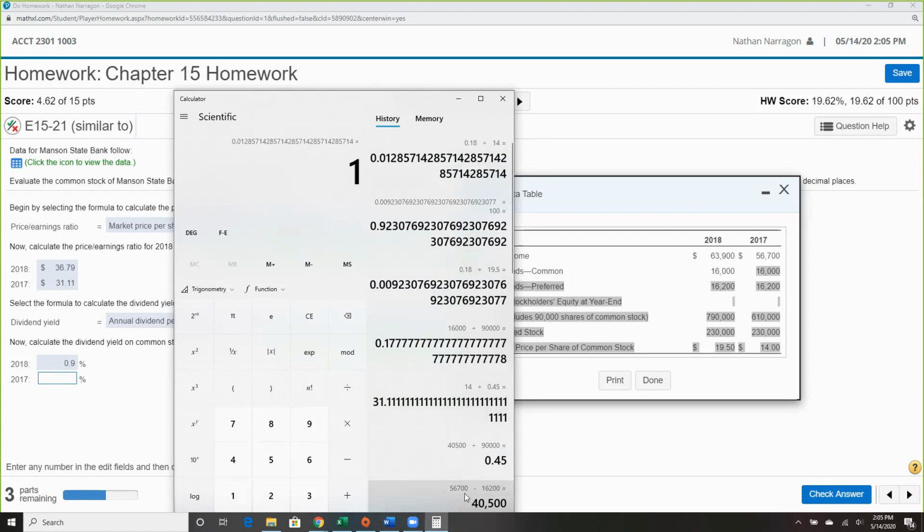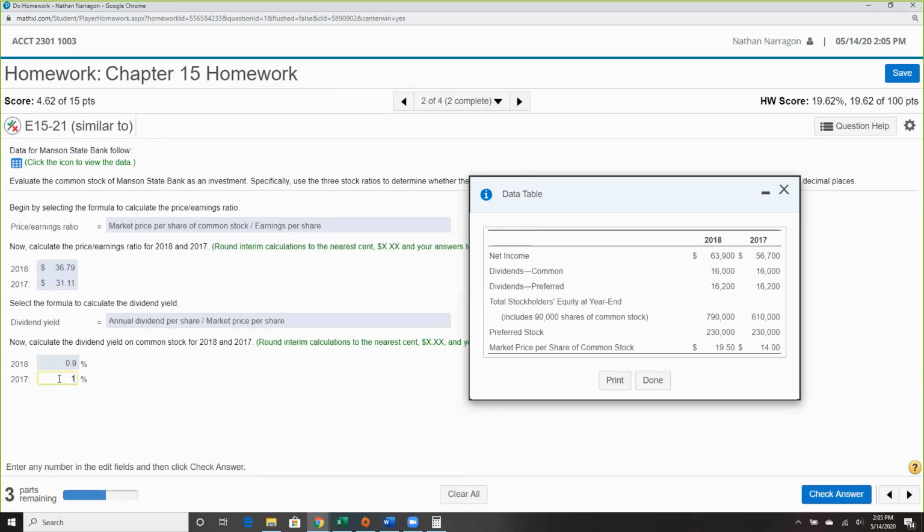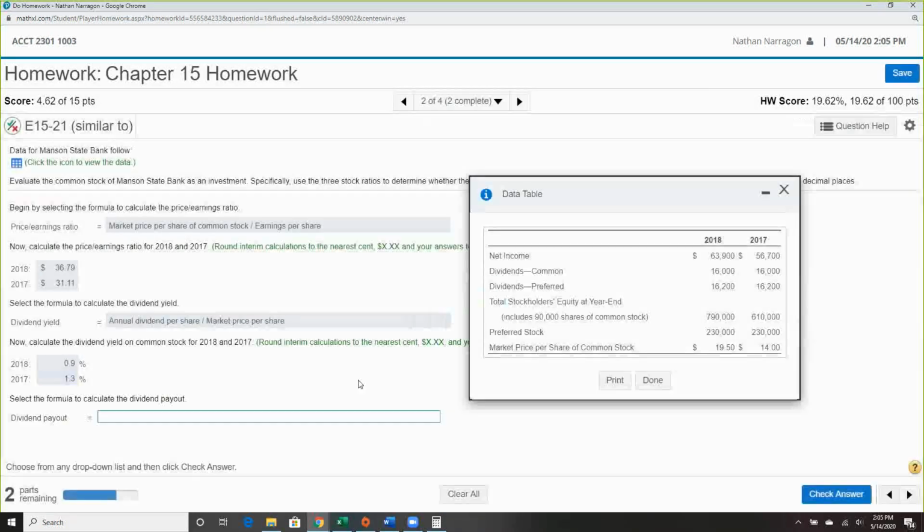Again, since we're dealing with percentage, go ahead and times it by 100 so you can see where you stand. This is going to be 1.3%. Okay? That was a little bit easier.